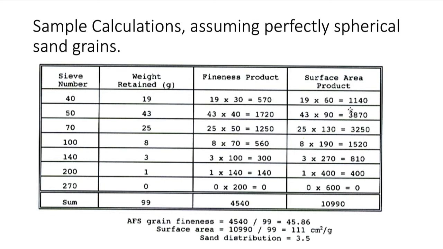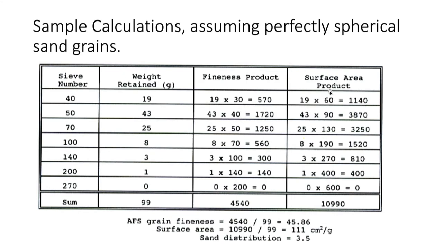That factor will be a higher number, so you have more surface area if you have an angular sand than a round sand. But the round sand is not perfectly round, so we have a multiplier for that. So we do the same thing. We use the surface area product using the correct multipliers for the type of sand that we have. It matters now.